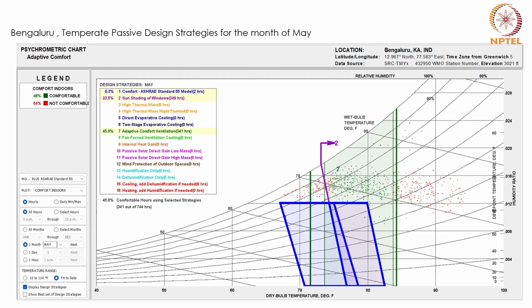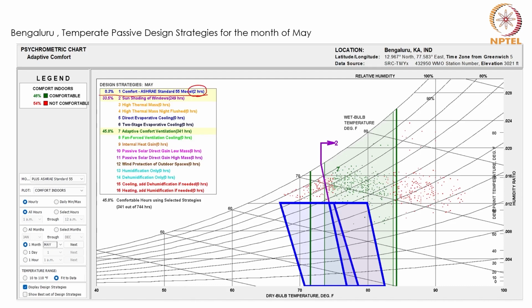So, let us see what strategies must be used for the month of May for Bangalore. Now, left to itself, Bangalore will have 2 hours comfortable in the month of May.